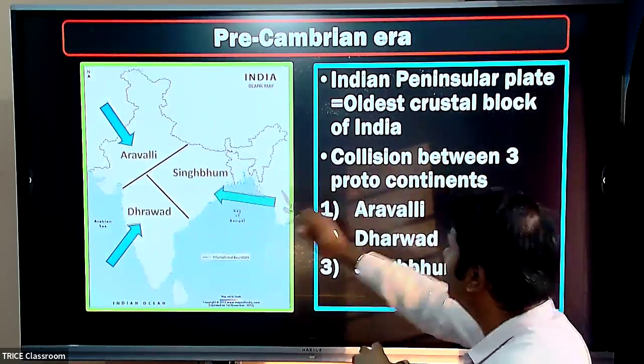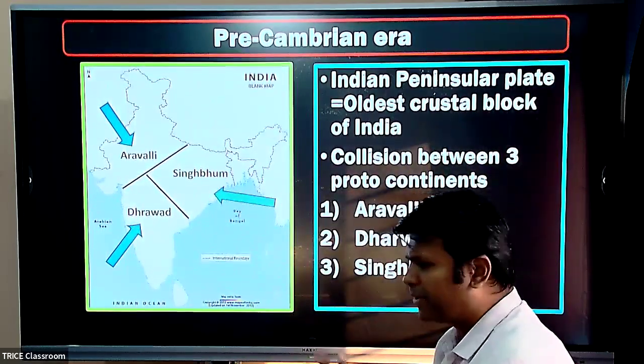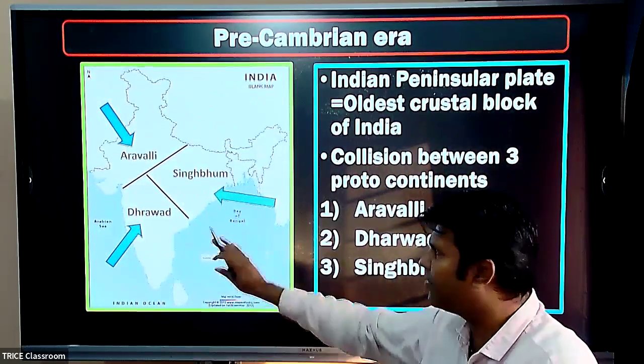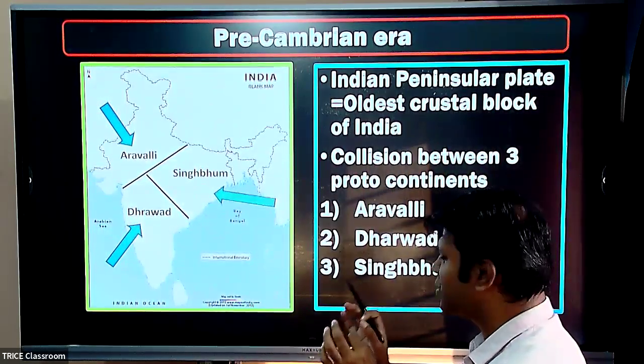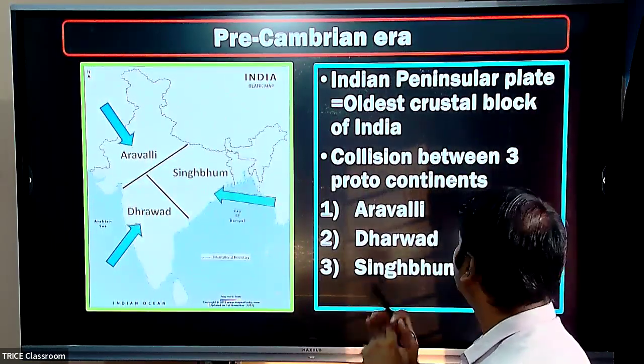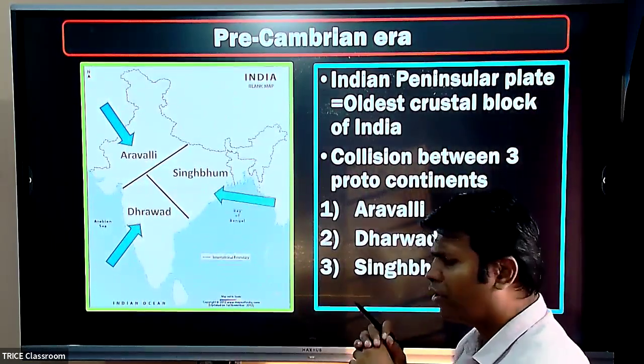This peninsular plate, the place that we are all living in, the Dharwad plateau, right? This Dharwad plate is one of the oldest crusts that has been formed in the world. It's also the oldest block of India.